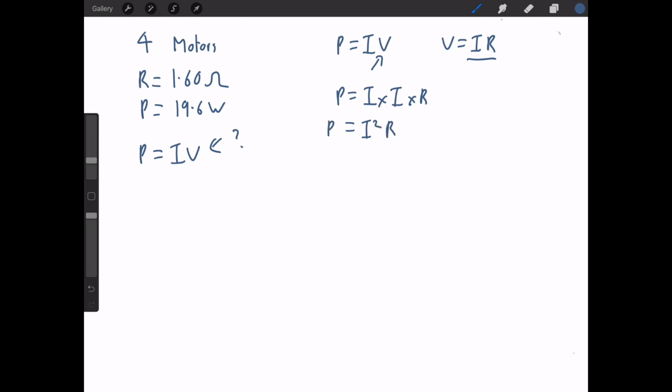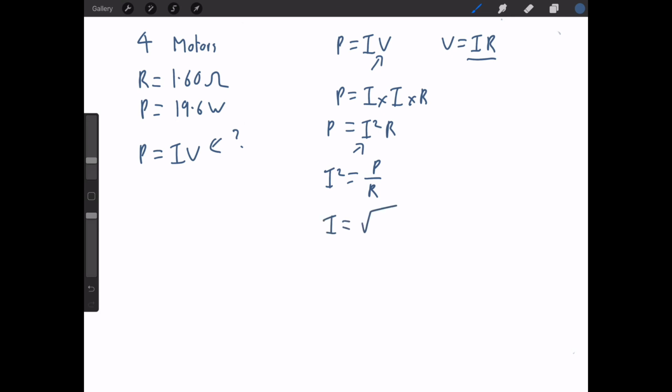Now I want to calculate I, so I'm going to rearrange this. I squared is P divided by R on both sides, and I want to take the square root of that so that I can eliminate the squared term there.